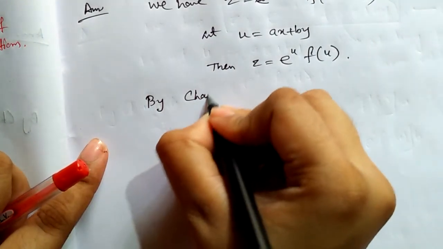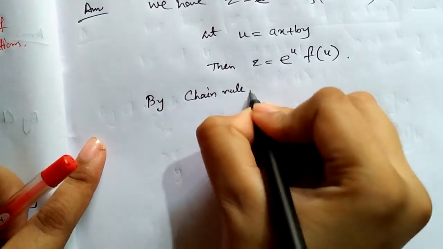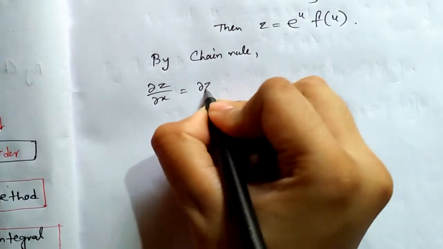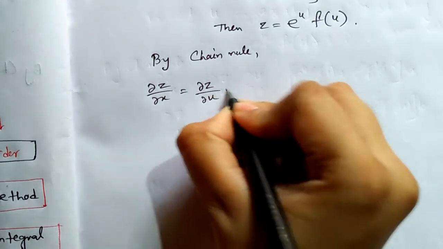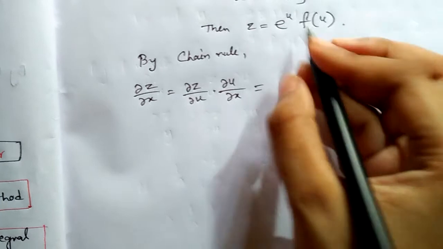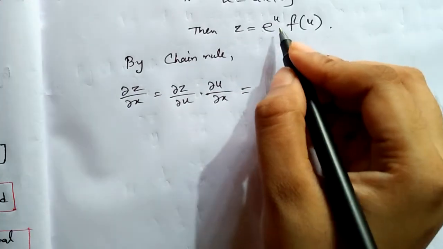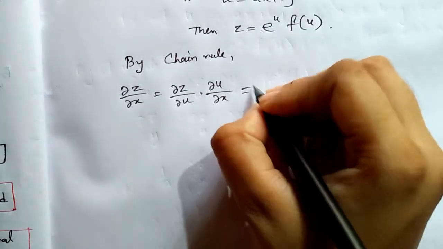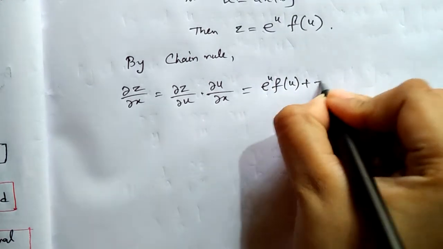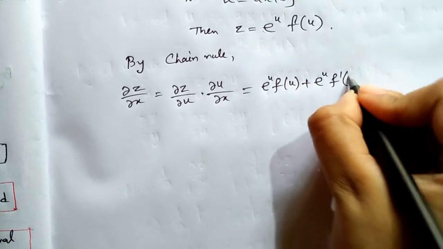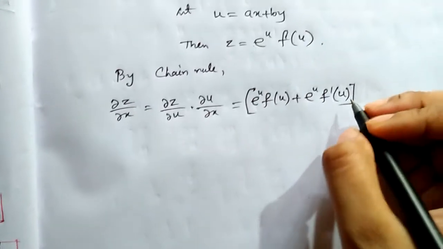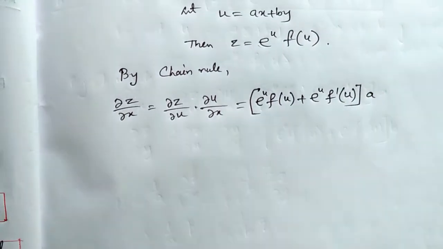Then by chain rule, del z del x equal to del z del u into del u del x. Now del z del u is differentiating this whole part with respect to u partially, that is e to the power u f of u plus e to the power u f dash of u, and del u del x means a.